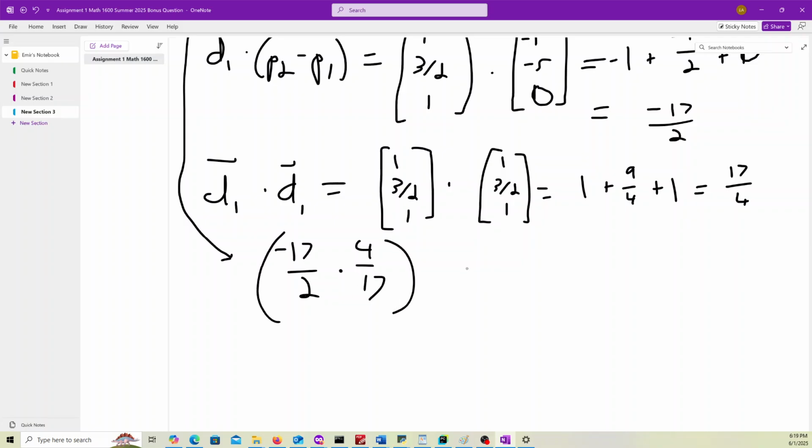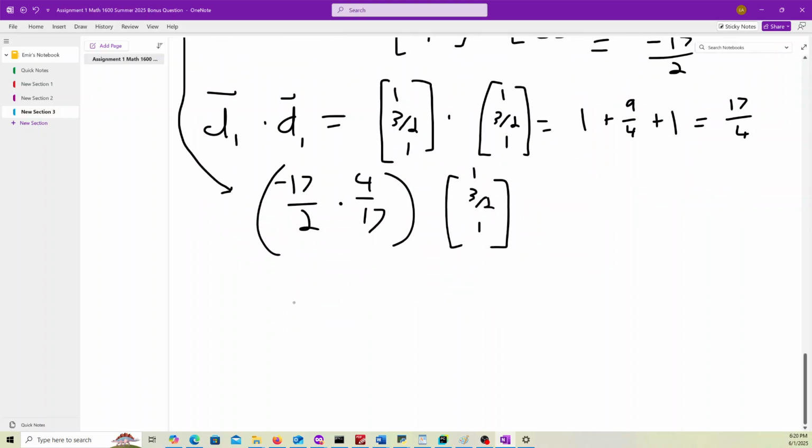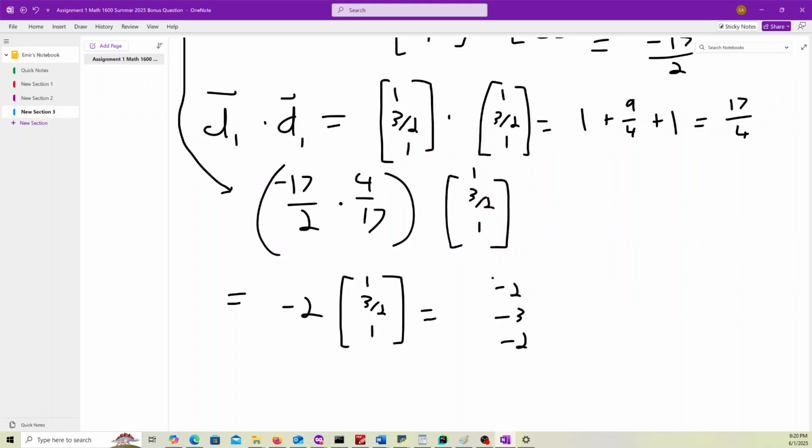That would be a scalar that we then multiply by D1, which is 1, 3 halves, 1. This is equal to negative 2 times 1, 3 halves, 1, which is equal to negative 2, negative 3, negative 2.